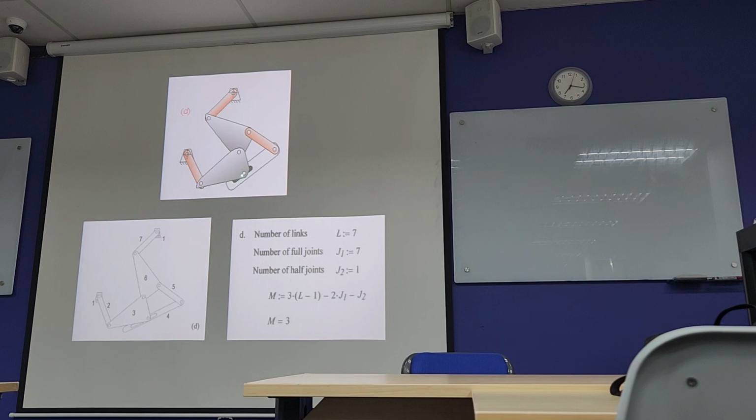So the only half joint here is the one here. Then the total number of full joints will be 7. So in this case, the degree of freedom is 3. So this is still a mechanism because the degree of freedom is positive.